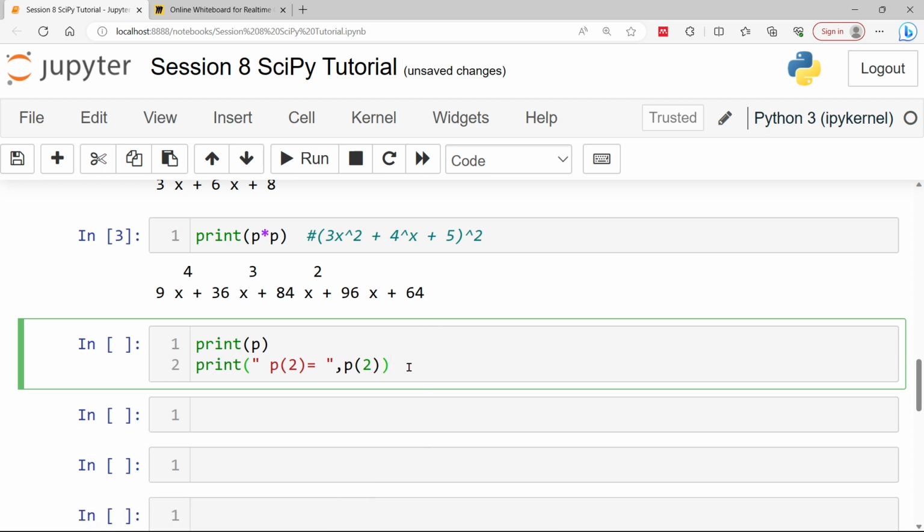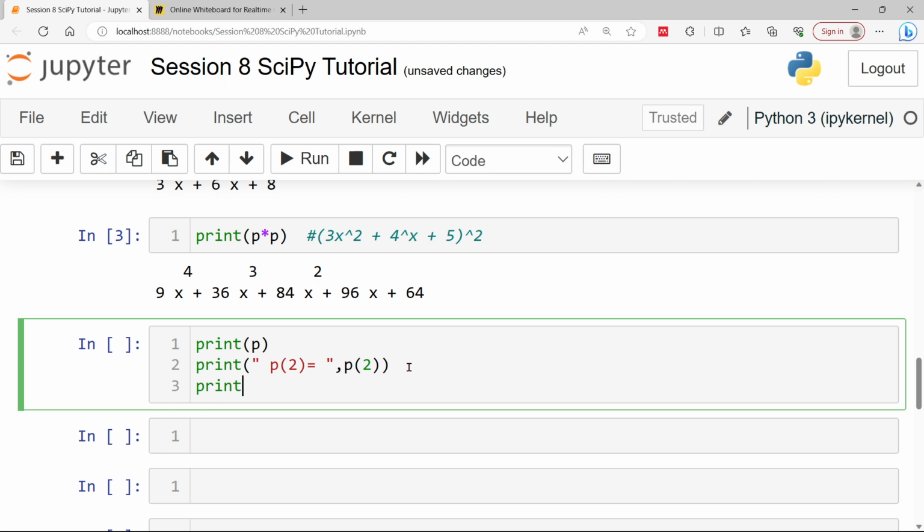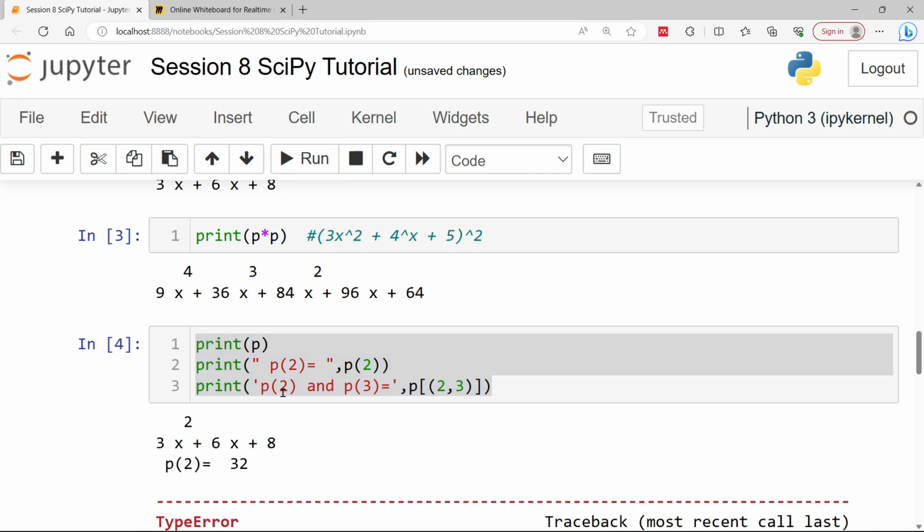Then I'll have the next equation, print p of 2, the value of p with respect to 2, and the value of p with respect to 3. So what would be the value of this one? Here I am having p of 2 comma 3. All right, so let me run this code. Can you see?